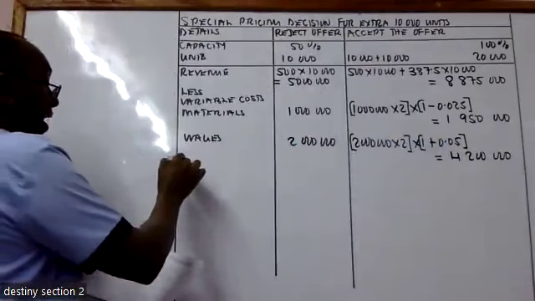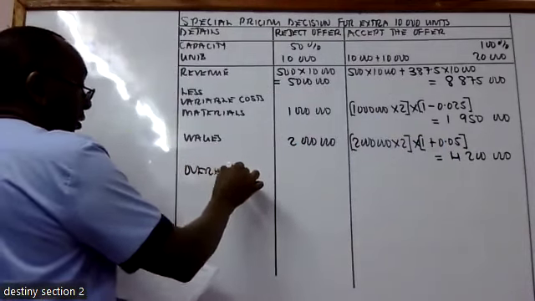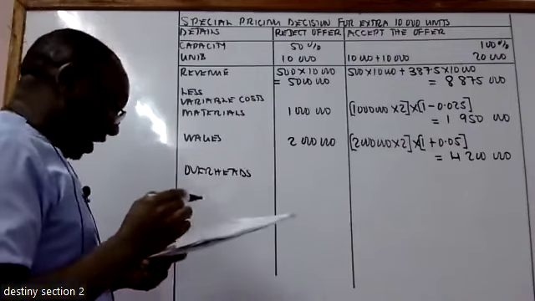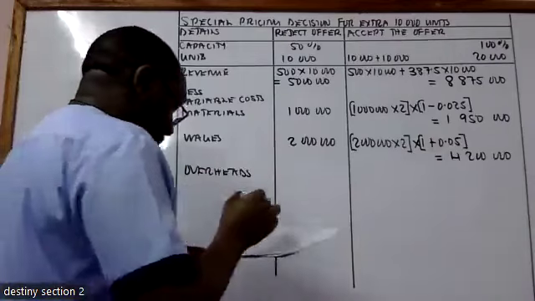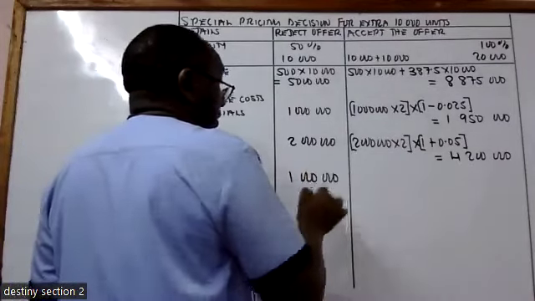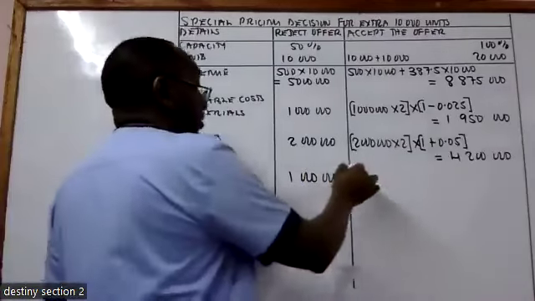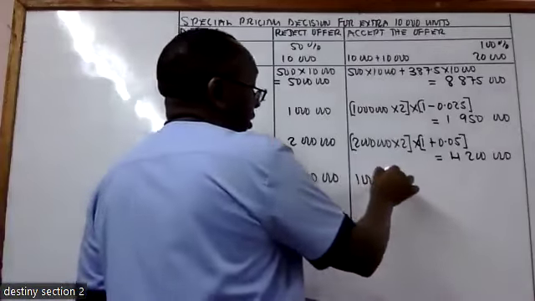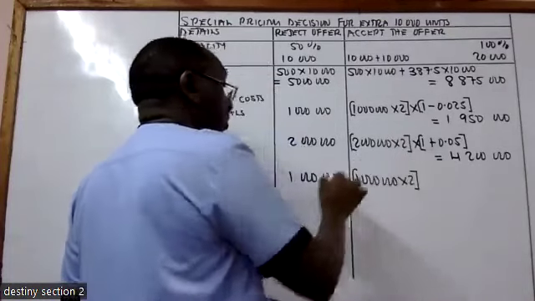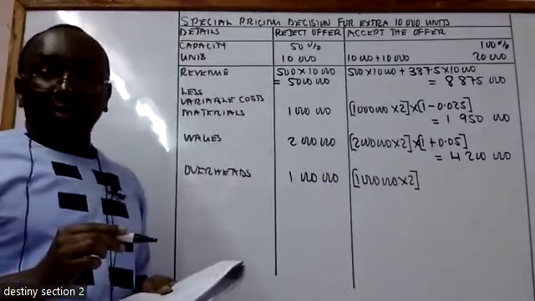Then we have the overheads. So I've said the first overhead there is the variable one, which you are given as 1 million. And this 1 million, you multiply by 2, so that it is for 20,000 units.